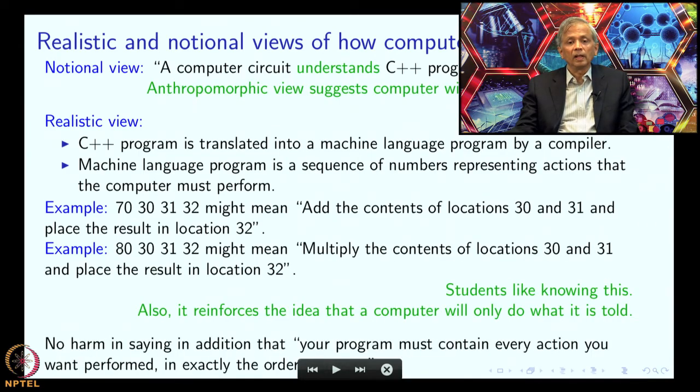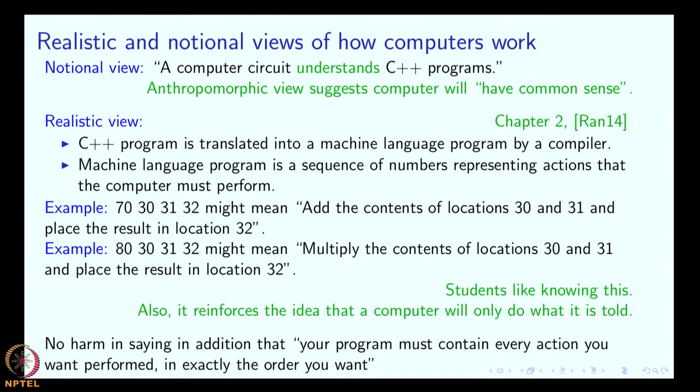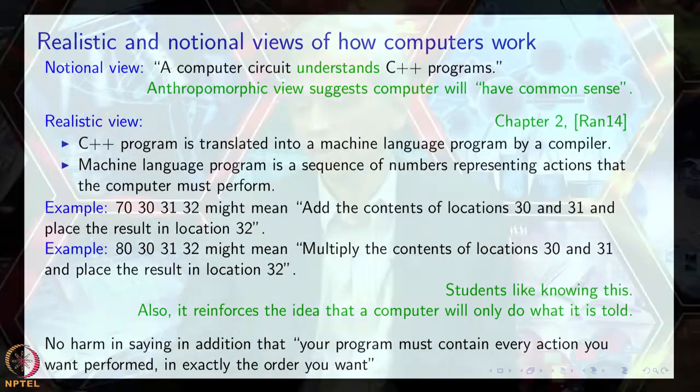In addition, you should say that your program must contain every action that you want performed in exactly the order in which you want it performed. But the moment you say that instructions are of these numerical types, you are telling the students that the computer needs to be told very precise information.